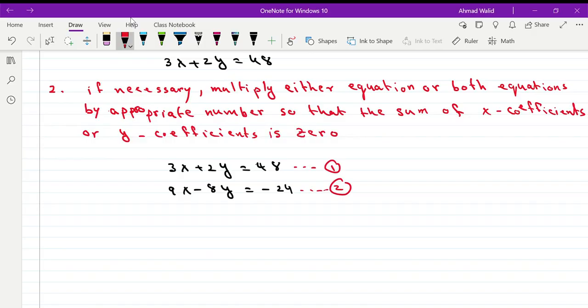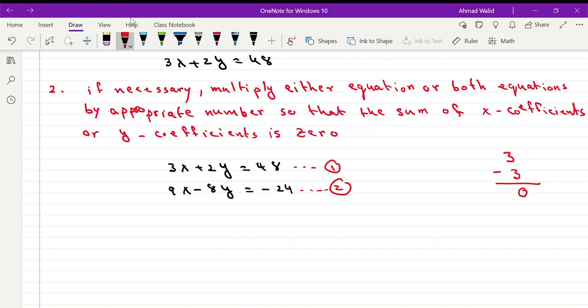To eliminate a number means to change it to 0. If I want to change positive 3 to 0, if I add negative 3, then my answer will be 0, correct? Now, equation number 1 has 3x, equation number 2 has 9x.